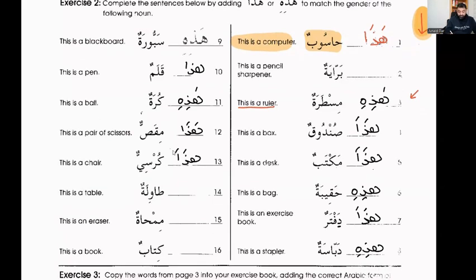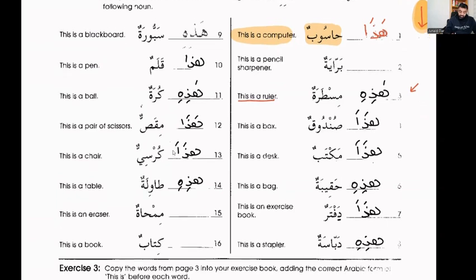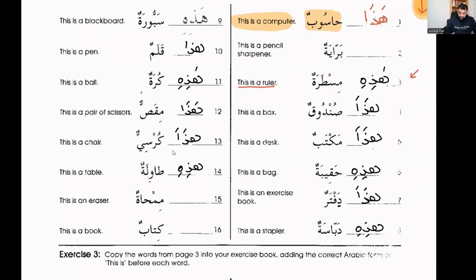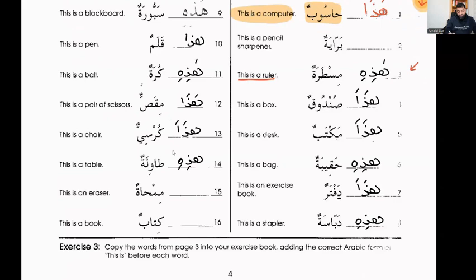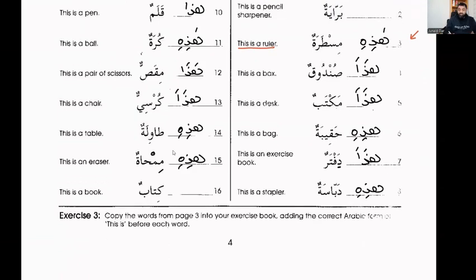Next one, 14. هذه طاولة. Good. Next one, number 15. هذه ممحاة. Good. Last one, number 16. هذا كتاب. Perfect. I think you got it.